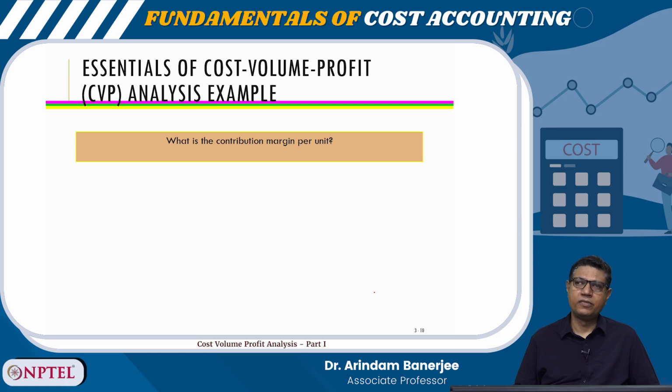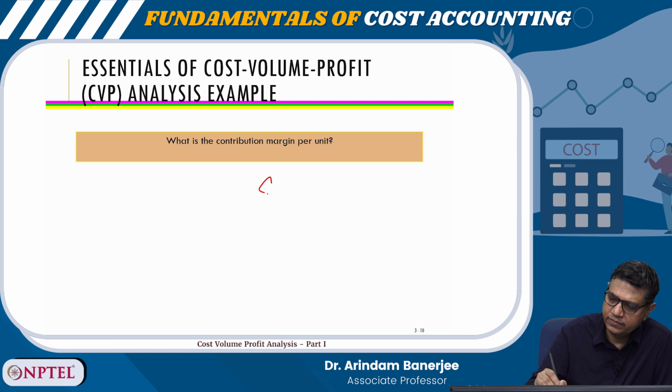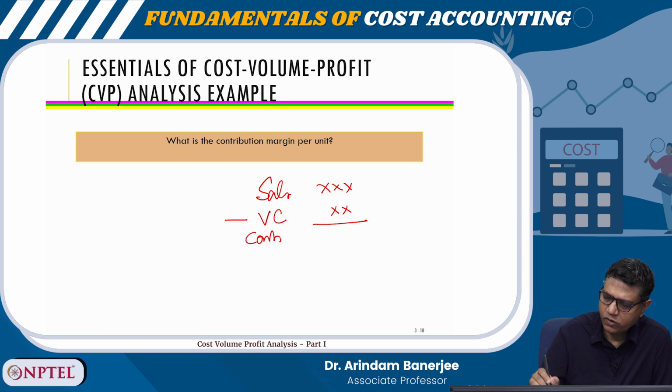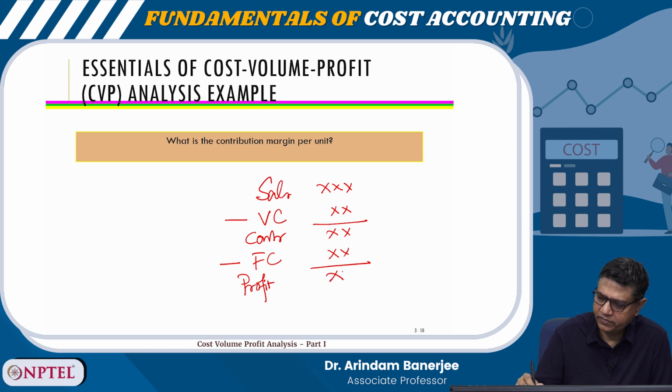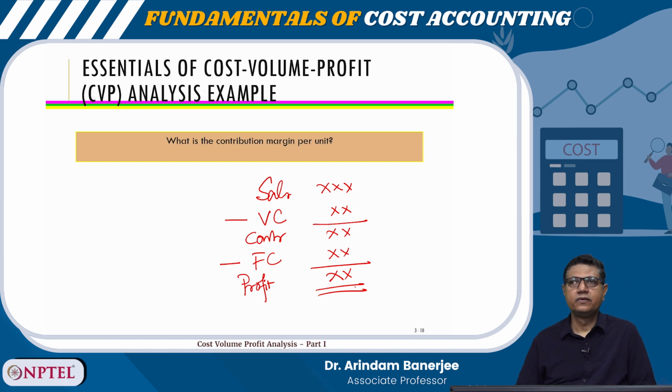But what is the contribution margin? As I said earlier, in shorter run we are more concerned about contribution margin. So, I can write the equation like this: sales minus variable cost is contribution, minus fixed cost is profit, right.